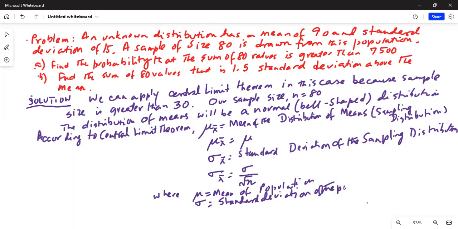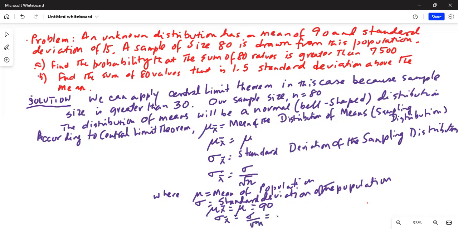So in our case, mu x bar is equal to mu, which is 90, and sigma x bar is equal to sigma divided by the square root of n.